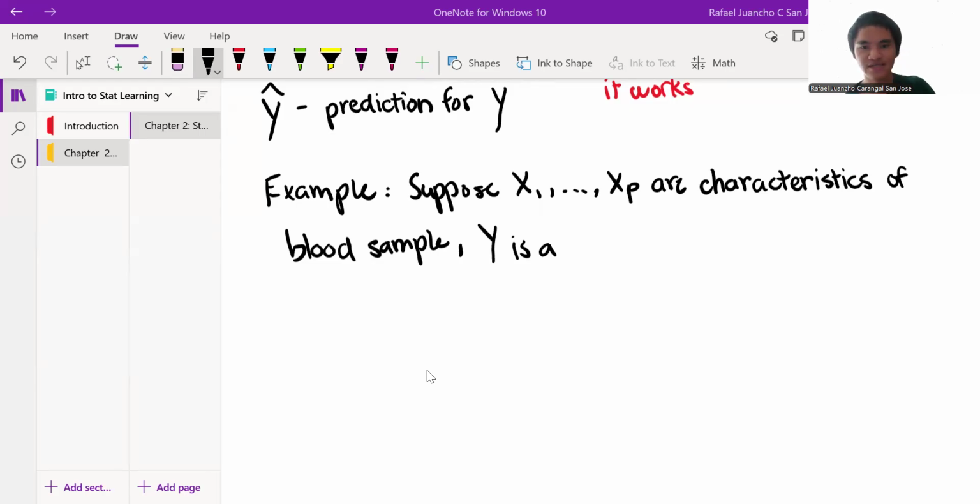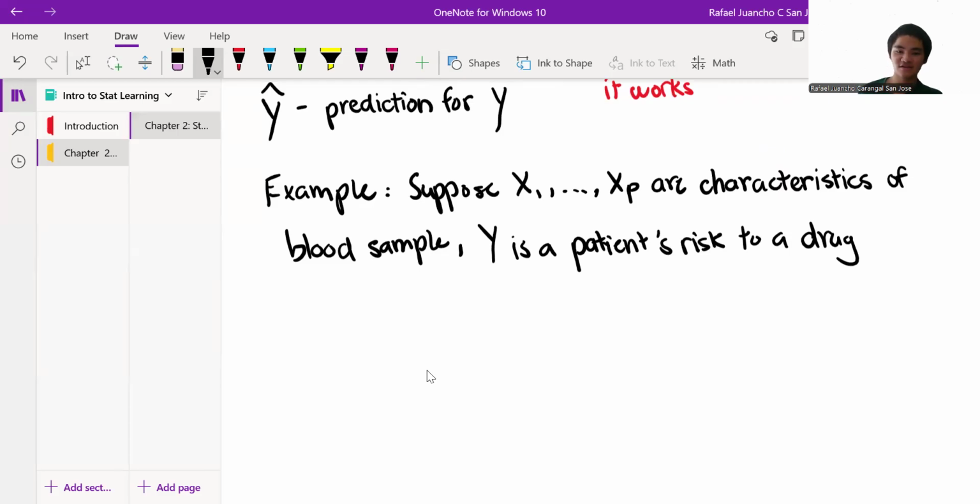So Y is a patient's risk to a drug. Now, I don't know how to quantify that. Risk, maybe like high or low, or like a probability to have a reaction to a drug.